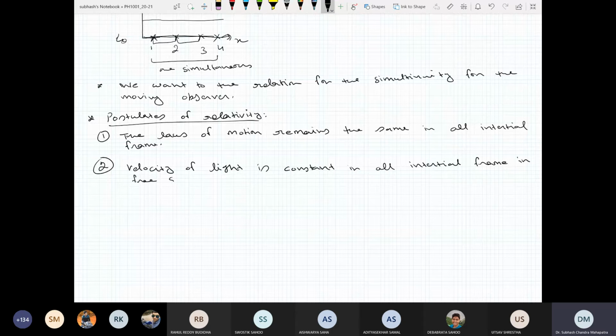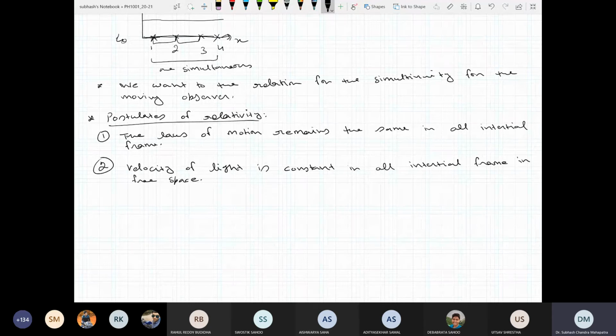This is the statement that Einstein added in physics: the velocity of light in all inertial frames is constant.